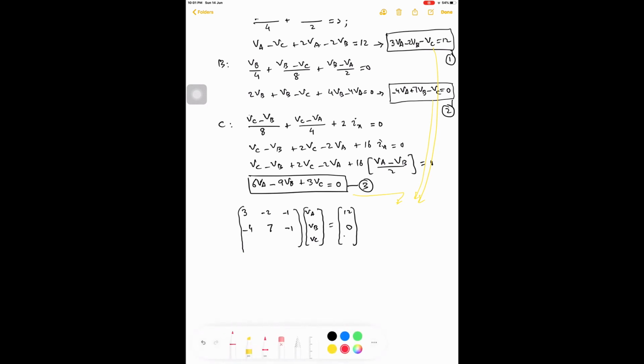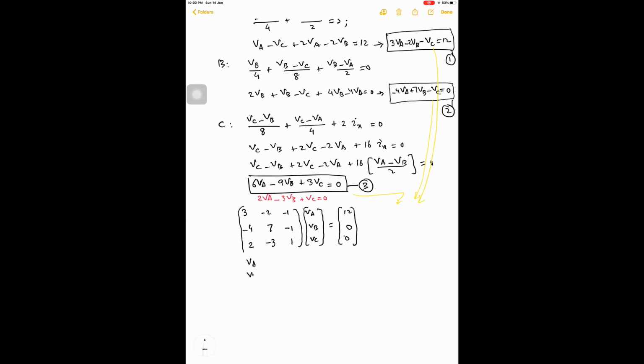Look at the third equation. We can further simplify this third equation, divide everything by 3. So this is 2VA minus 3VB plus VC is equal to 0. This is the third equation, and therefore I will write 2VA minus 3VB plus 1VC, and the right hand side is equal to 0.